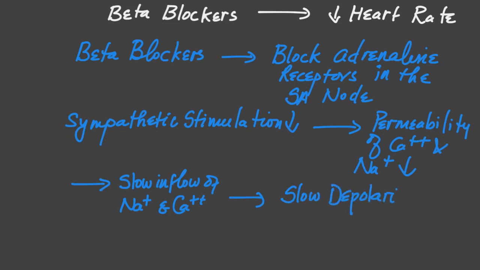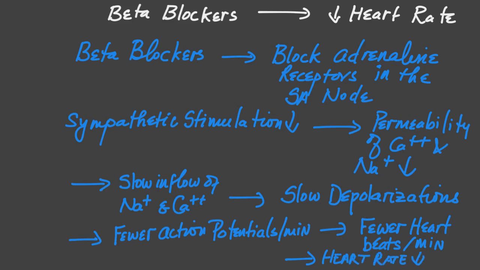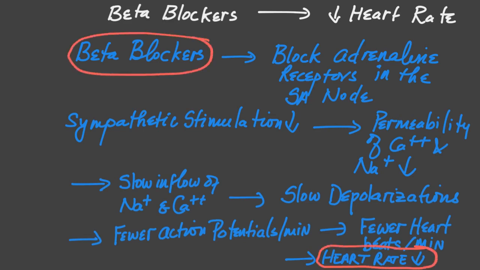So slow depolarizations occur. When this happens, you're going to have fewer action potentials in the same time frame. Fewer action potentials per minute. Fewer action potentials at the SA node mean fewer heartbeats per minute, resulting in a lowered heart rate. So there we have it. Beta blockers resulting in a low heart rate.